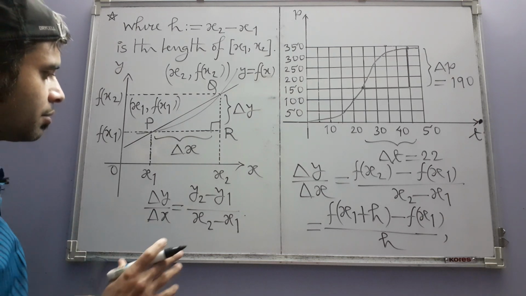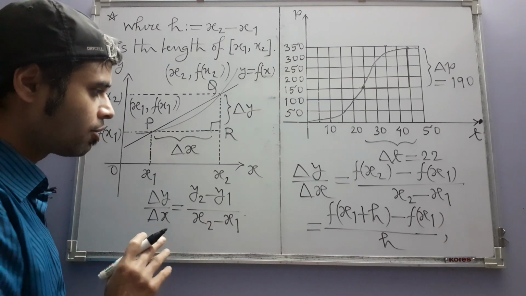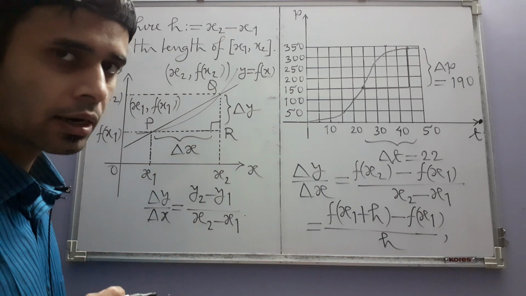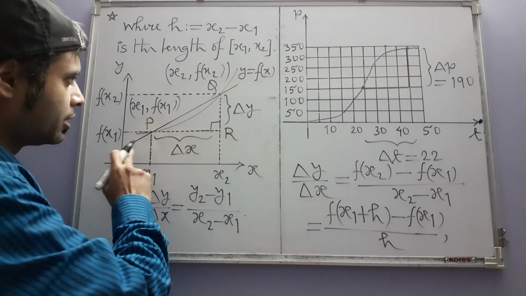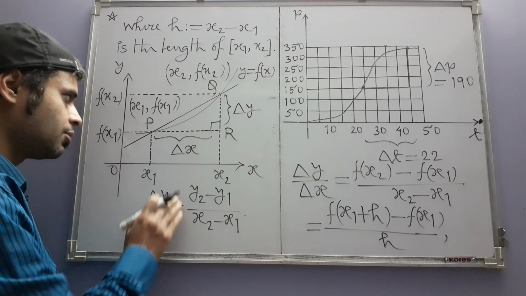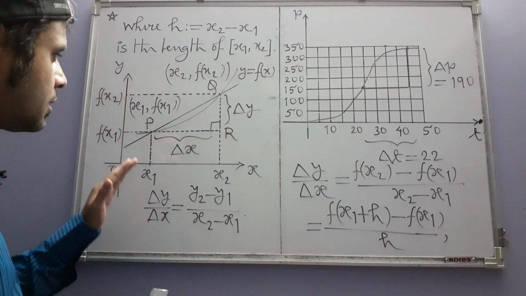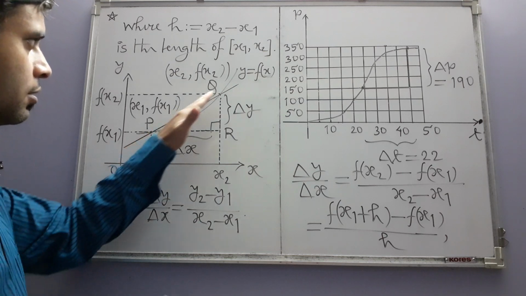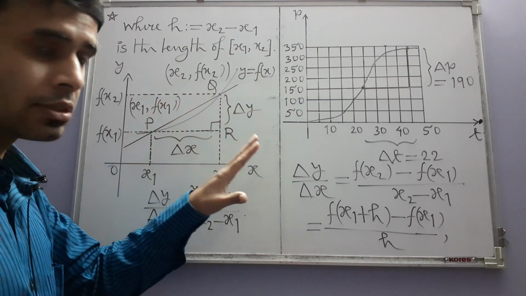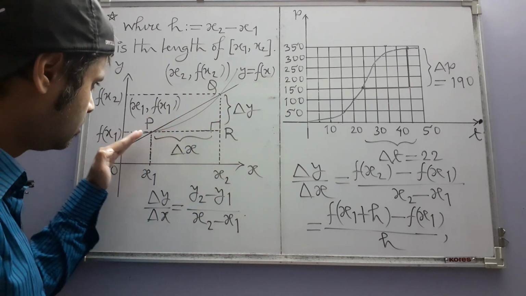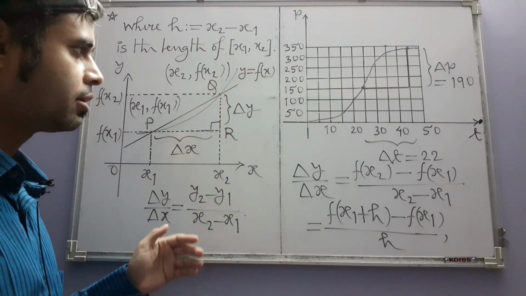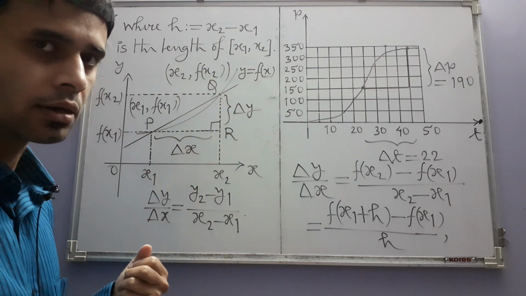Then from the formula for the slope of a straight line passing through 2 points, we see that this is nothing but the slope of this line, and such a line which passes through 2 points on a given curve is called a secant line to the curve.